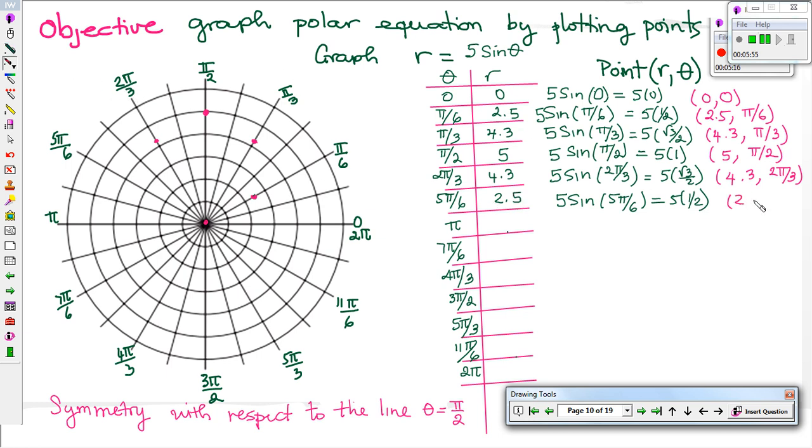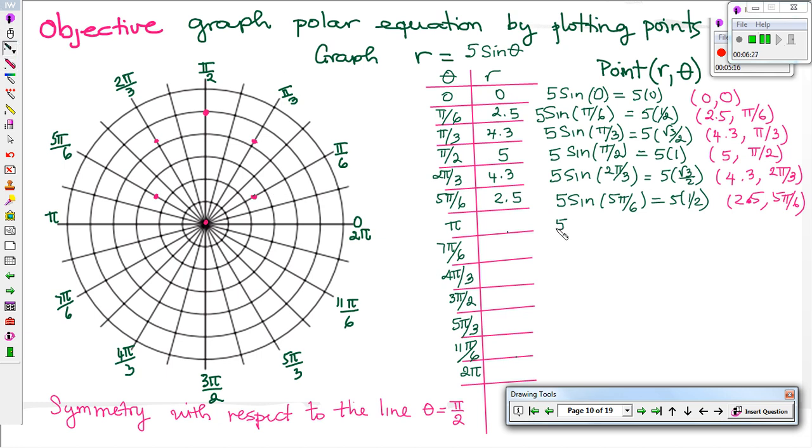So now we have the point 2.5, comma 5 pi over 6. So go to the graph. For 5 pi over 6, when you count for the point, we count 1, 2, 3, so 2.5 is right here. So again, you can see that the points on the left-hand side of the line pi over 2 and on the right-hand side are symmetric.